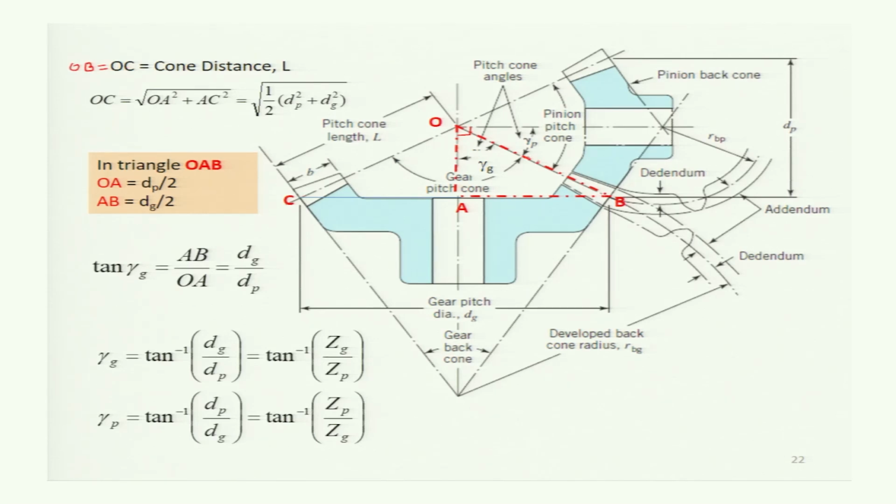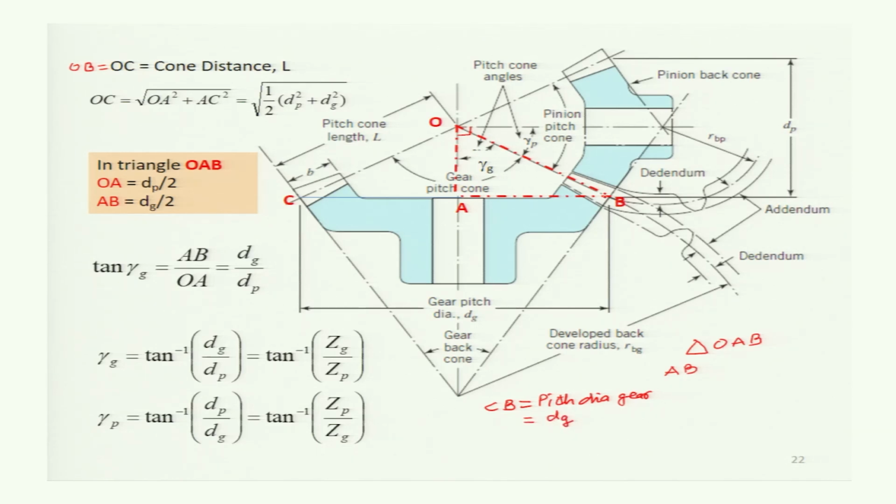To determine this cone distance, let us take the triangle OAB, or you may say OAC also. In triangle OAB, AB is half of the pitch diameter of the gear, and the pitch diameter of the gear is CB, represented by DG.